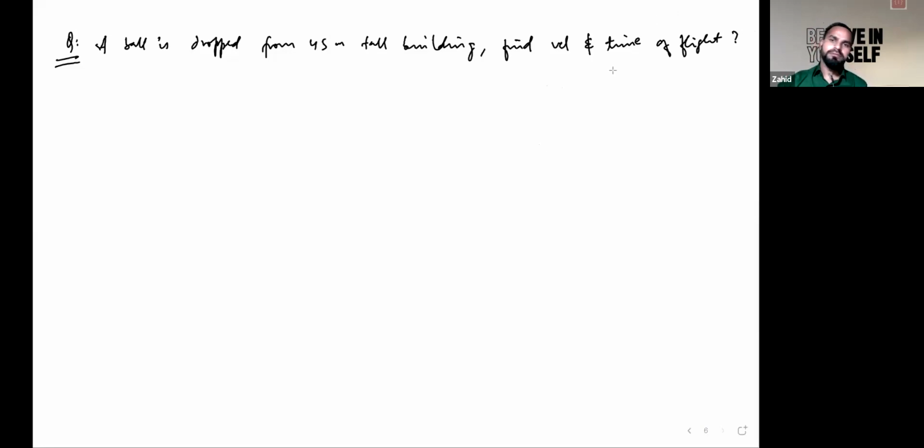Find the velocity and time of flight. Velocity means the velocity with which it will hit the ground, and time of flight. This is your object. Take this point as the origin. All upward terms would be positive, all downward terms would be negative.